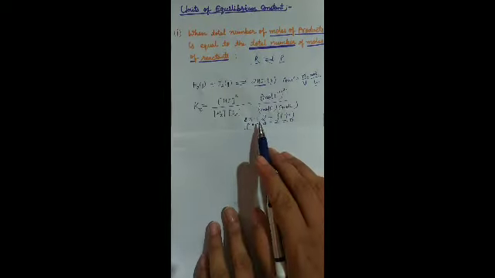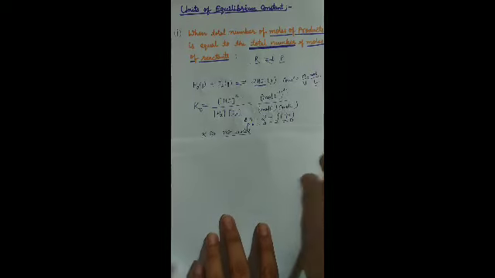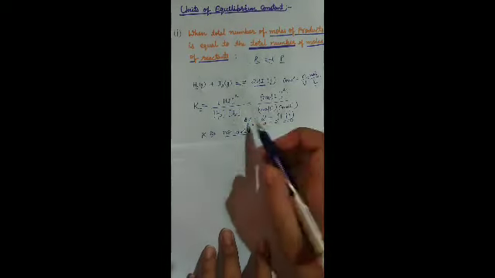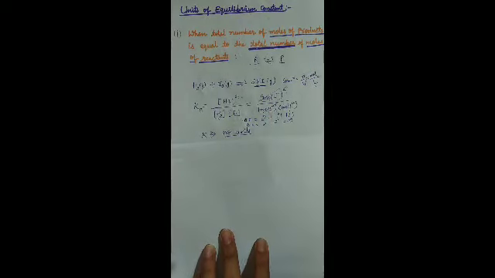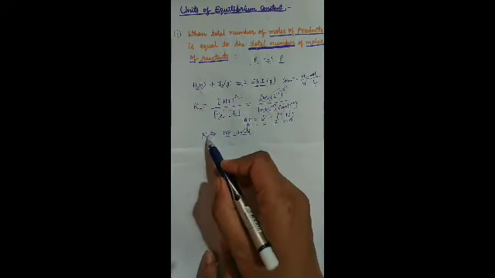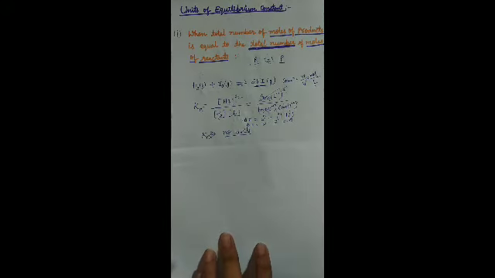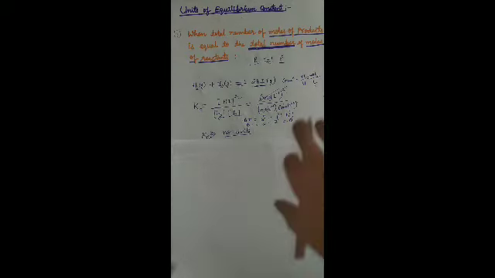It means that whenever the number of moles of the product is equal to the number of moles of the reactant, the mole powers and mole inverse get cancelled out. So the equilibrium constant has no unit for such a condition, wherever the number of moles on the product side is equal to the number of moles on the reactant side.